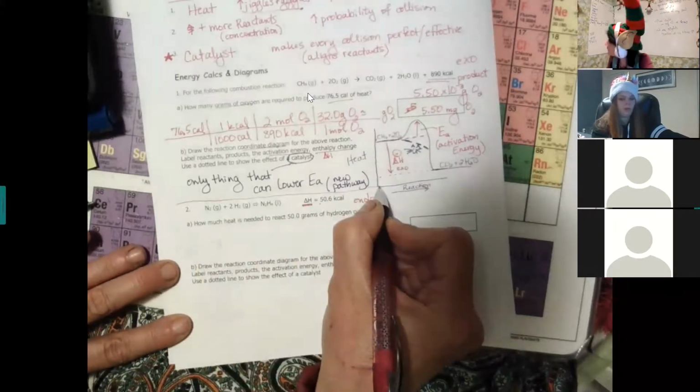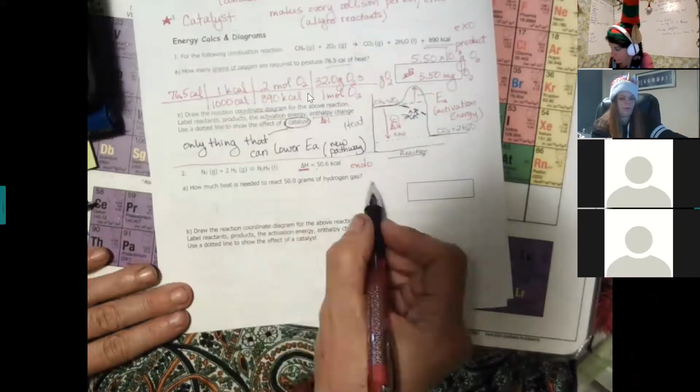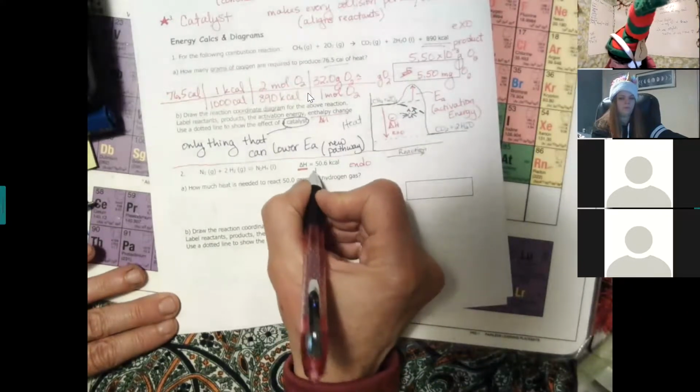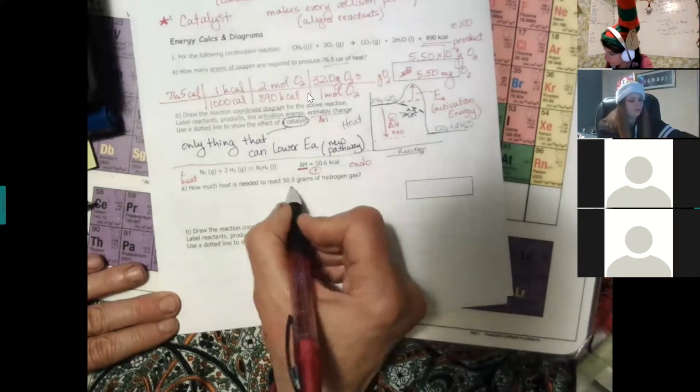All right, let's do number 2 and then we'll be done. So there's our equation. This is endothermic because I actually showed the symbol delta H. It's positive. Heat would be over on this side of the reaction if we wrote it in there. How much heat? So this time we're starting with 50 grams of hydrogen.